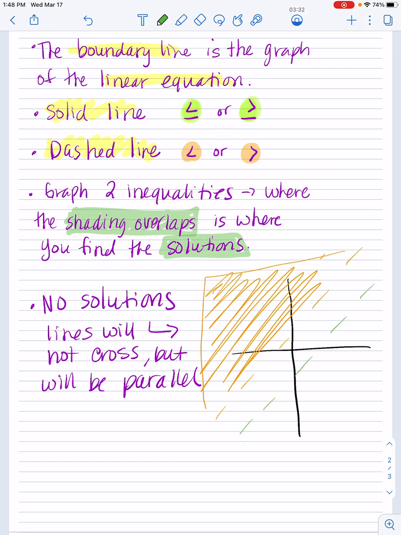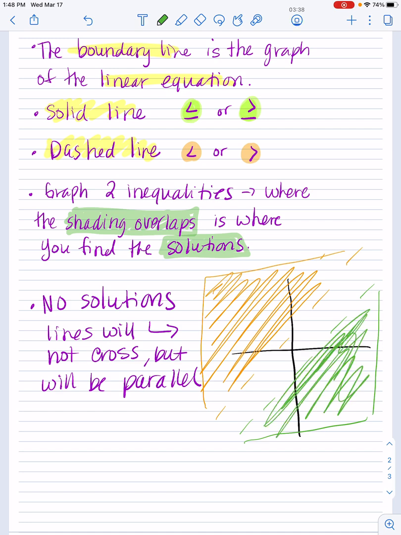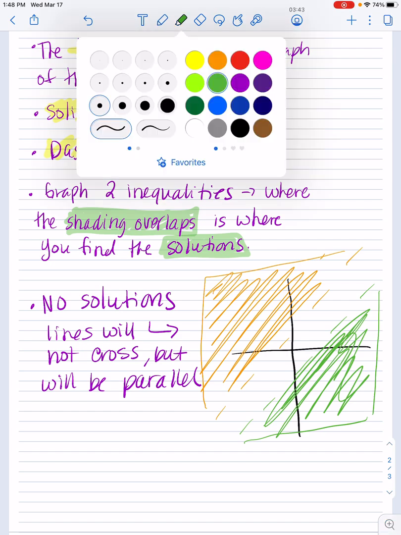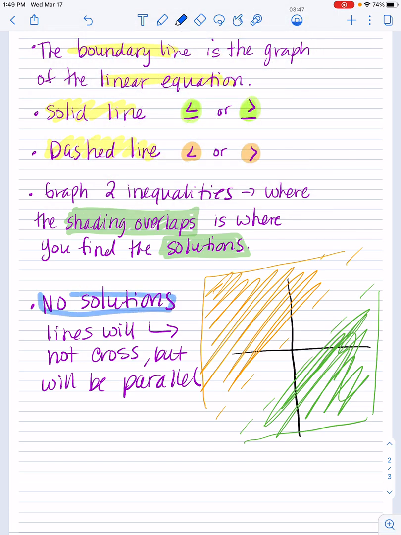The lines don't cross. The shadings do not overlap. So when the shading does not overlap and the lines are parallel, this is no solutions. So this is what no solutions will look like.